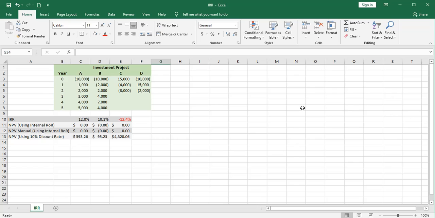Project D is more similar to A and B, but we have a negative cash flow at the end. This might be a scenario where you're mining. You have to buy your land and your equipment, and then you extract minerals from the earth in the middle year, and then you have to restore the land back to original condition.